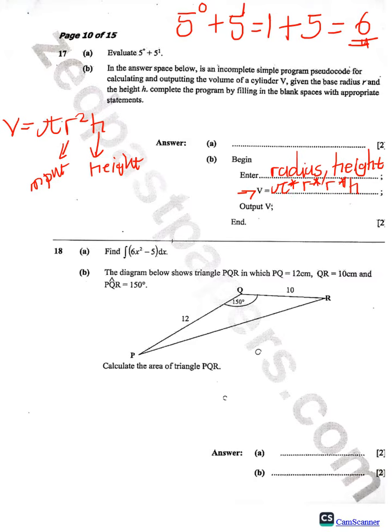So find, we have been given this elongated s, then we have 6x squared minus 5. Whenever you have this symbol s, we are trying to integrate. So this is the integral part of calculus. The integration is just the opposite of differentiation.